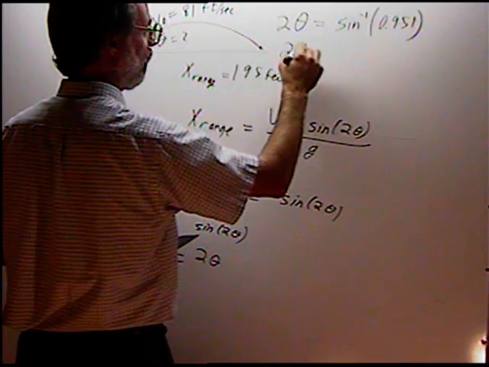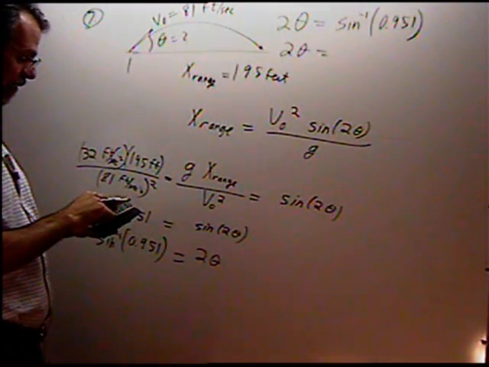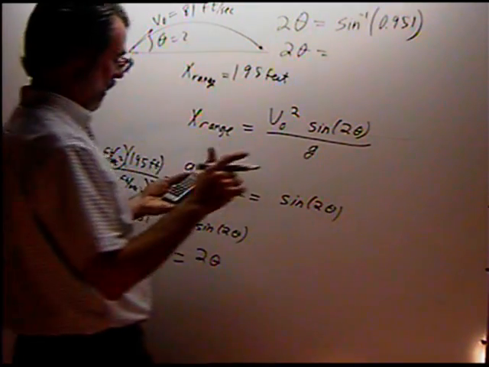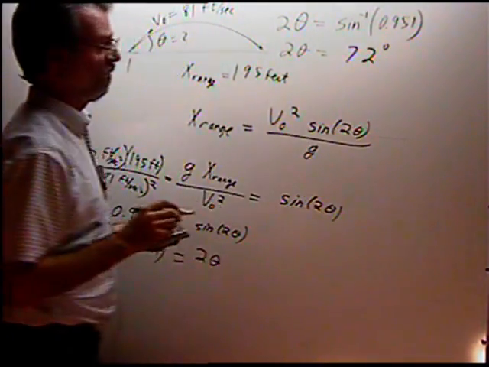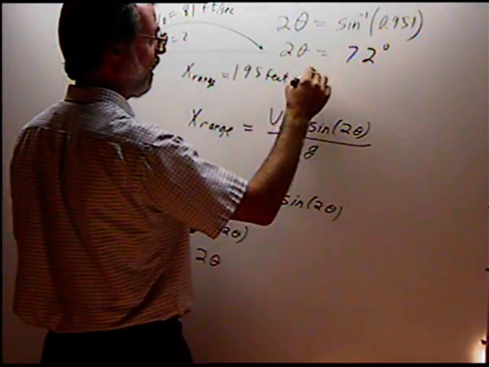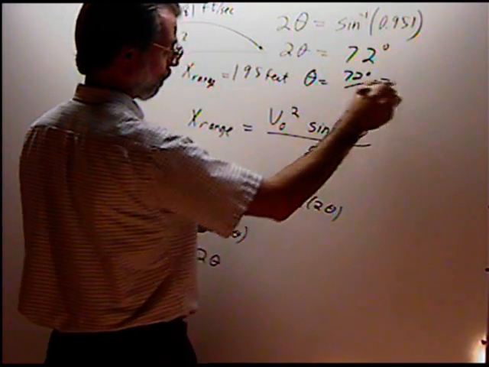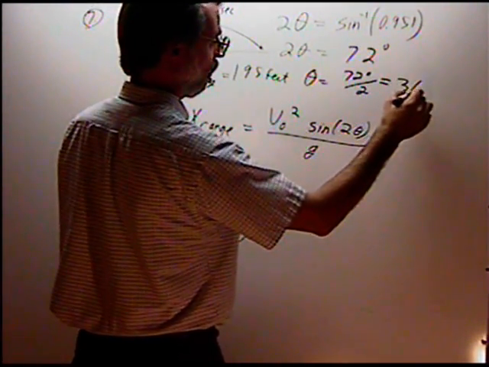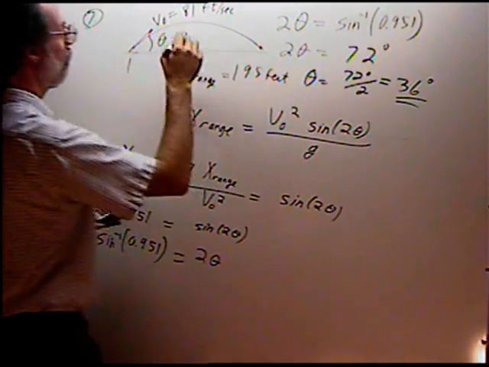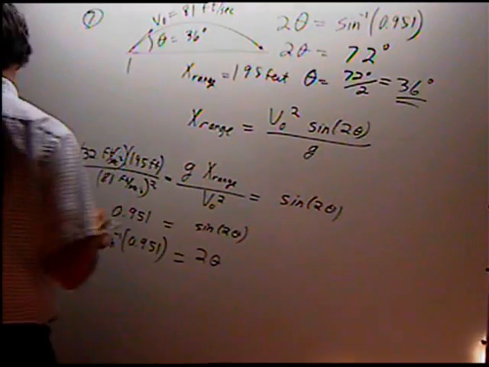If you take arc sine or inverse sine, I get 72 degrees. So that means theta is equal to 72 degrees divided by 2, which is 36 degrees. So the angle should be 36 degrees. Okay?